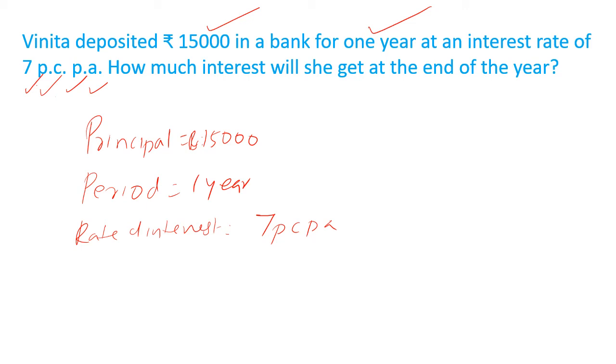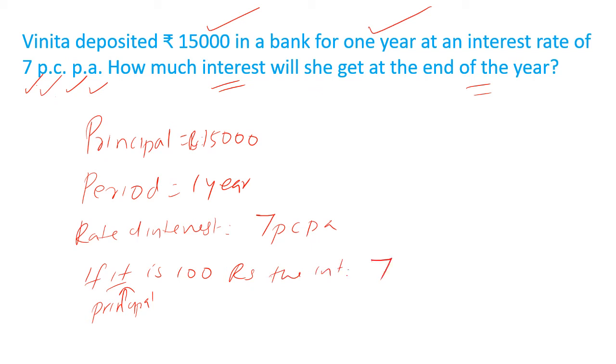Okay. So we are asked to find out how much interest she will get at the end of 1 year, and how much money she will get after that. We will not go for too much complication now. We know that if the principal is 100 rupees, then interest is equal to 7.